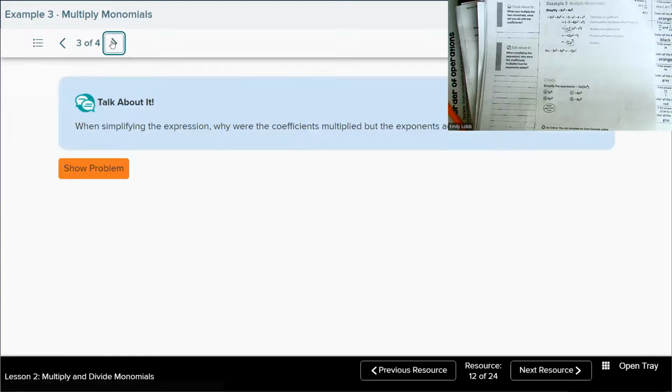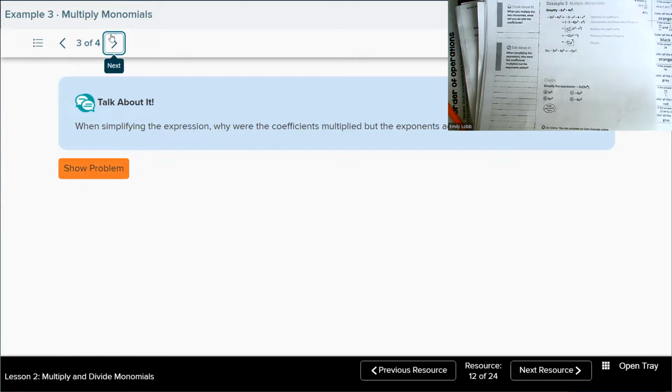All right. So when simplifying the expression, why were the coefficients multiplied but the exponents added? Yes, you got it. So we can multiply them because they're really just factors. So we just multiplied them together to simplify it.